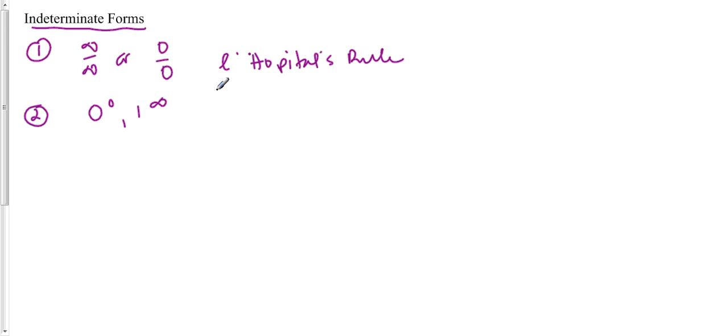And one of the first things that we're going to remember is that e and the natural log are inverse operators. So if I take e to the natural log of x, the e and the natural log cancel each other out, and I'm just going to be left with x.